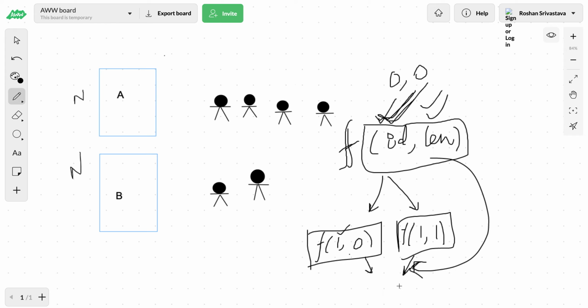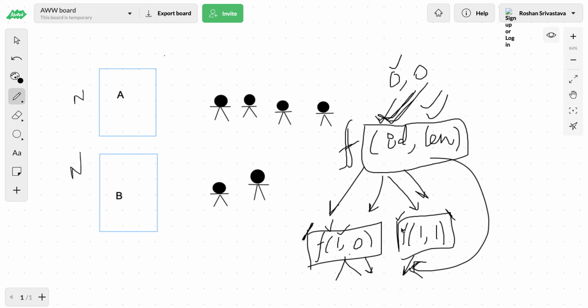And then once we have found the answer for both of these possibilities, we are just going to add the cost of having this possibility and the cost of having this possibility. That means the cost of person 0 flying to city 0 and the cost of person 0 flying to city 1. We add these to the subproblem solutions that we have, and then we'll compare both of these results and choose the minimum one. And this is what we are going to do for 1 and 0 as well.